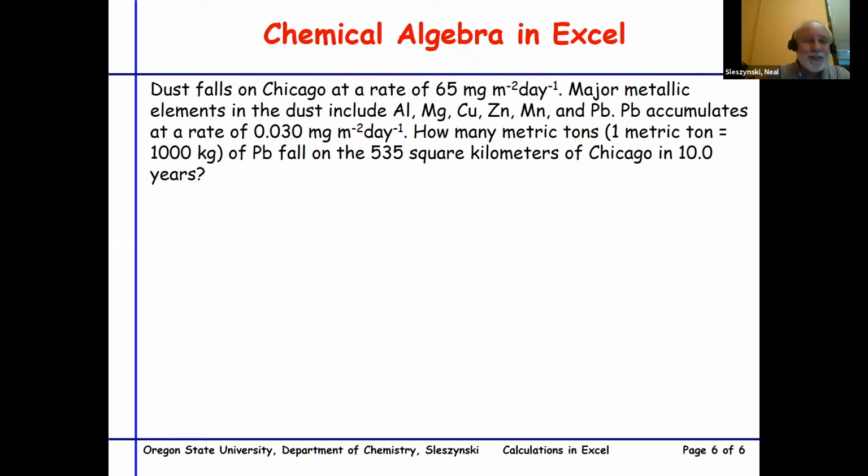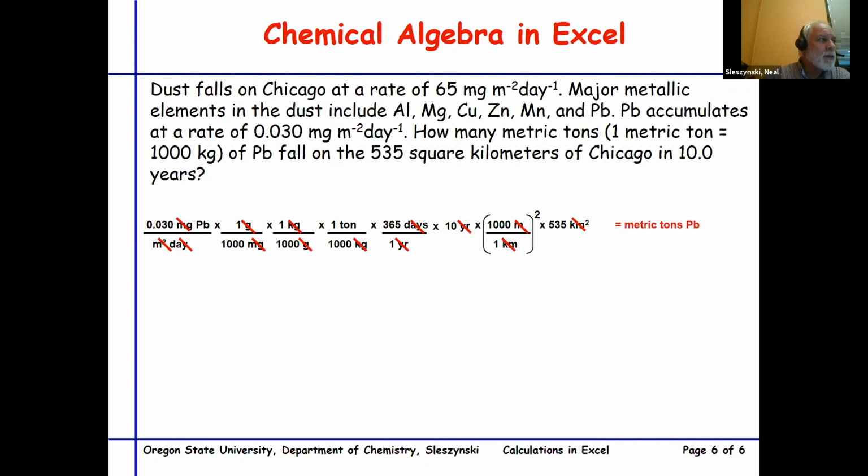Well, I'm not going to walk through how to set up the algebra on this problem. That's a different issue. But when we set up the algebra, we end up with an equation that looks like this. We set it up very carefully, making sure that we keep track of units. At the end of the problem, the only units left on the left-hand side of the equation are metric tons. That's what we wanted for units for our final answer.